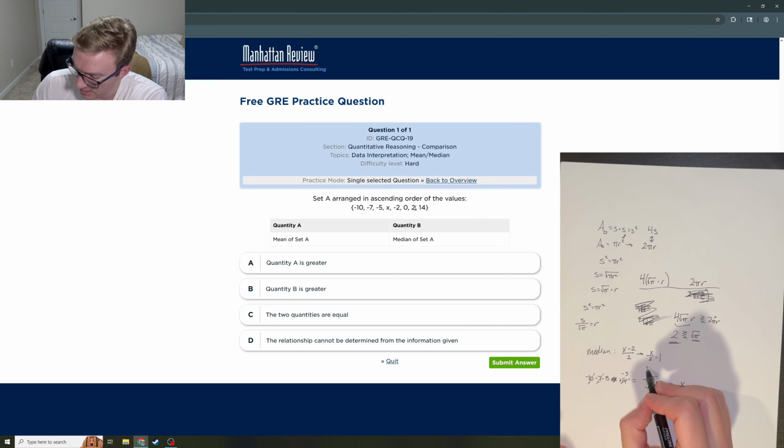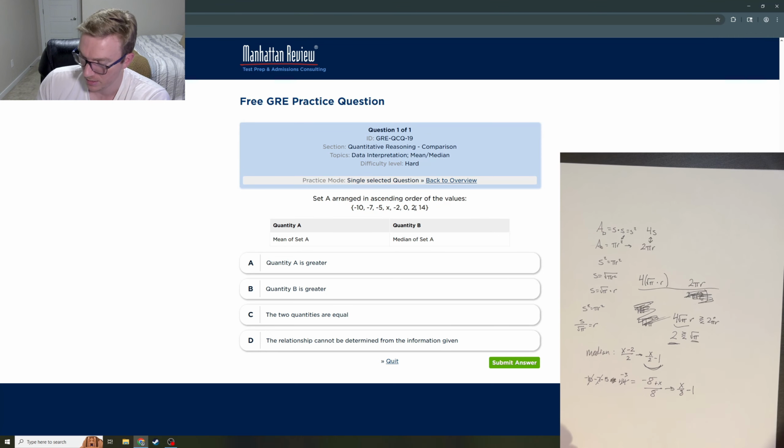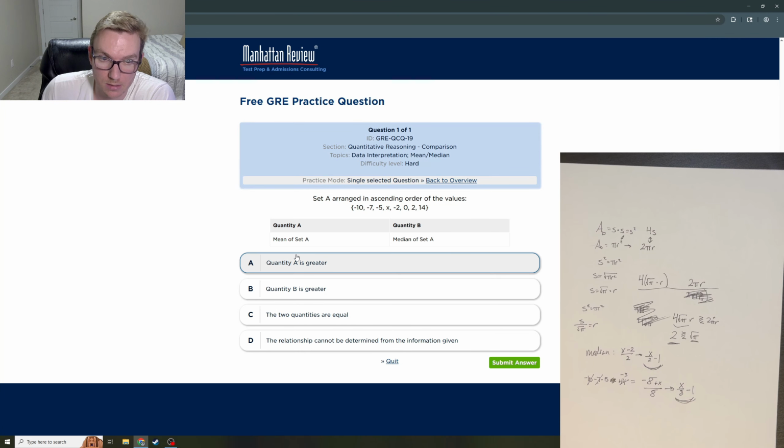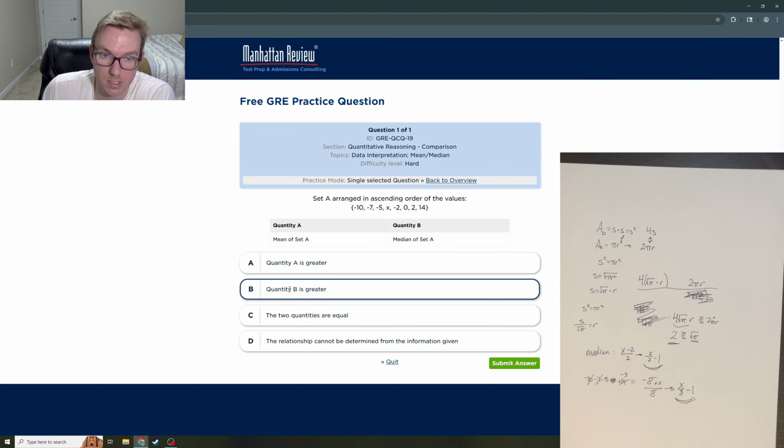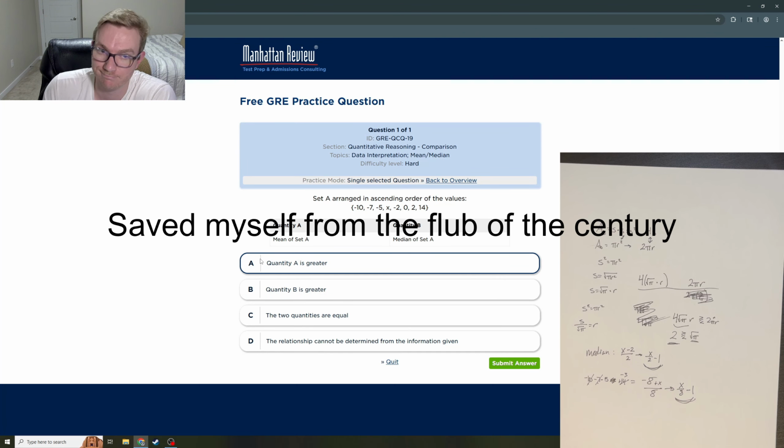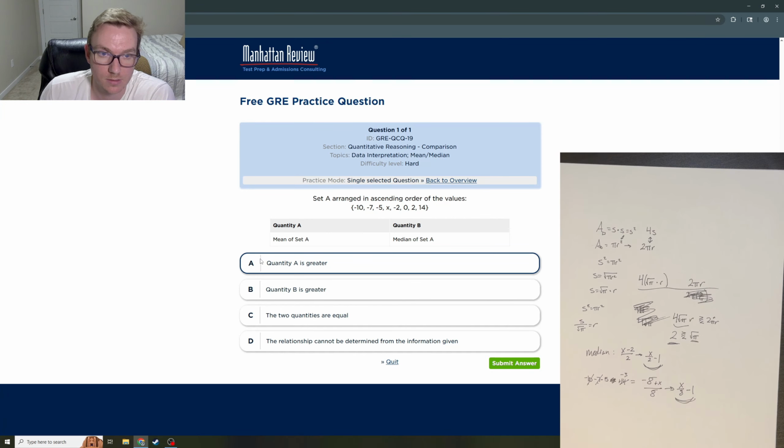So in this case I think the median is always going to be bigger than the mean. Oh no, the mean is bigger, because we're talking about negative numbers. The mean must be bigger because it's a negative number divided by 8, which gets us closer to 0.